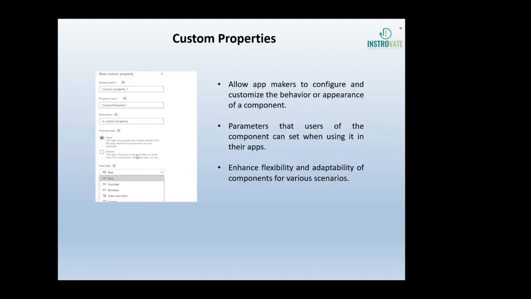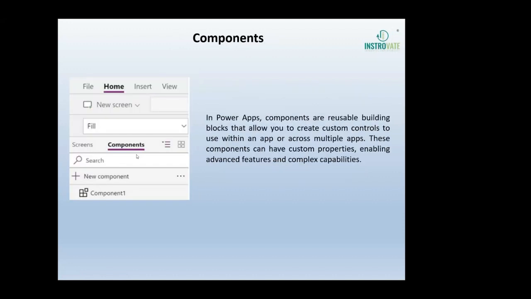Custom properties allow app makers to configure and customize the behavior or appearance of a component, and are parameters that users of the component can set when using it in their app. It enhances flexibility and adaptability of components for various scenarios. So these are the custom properties for components.